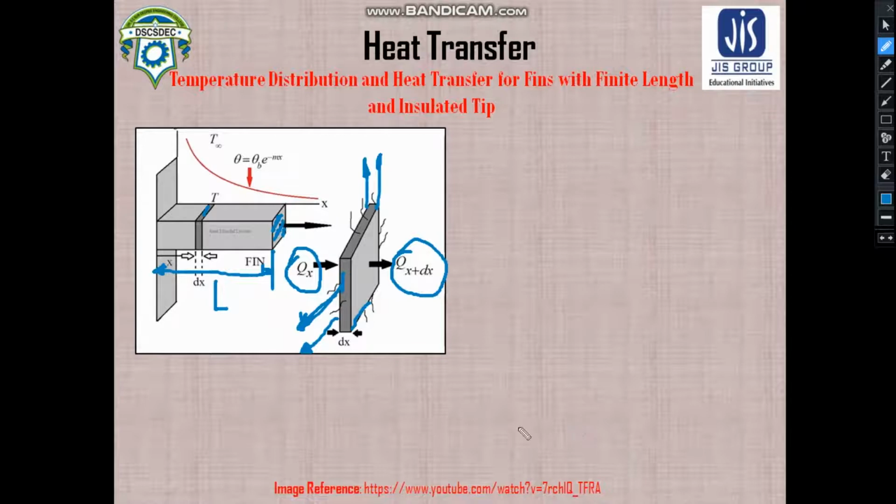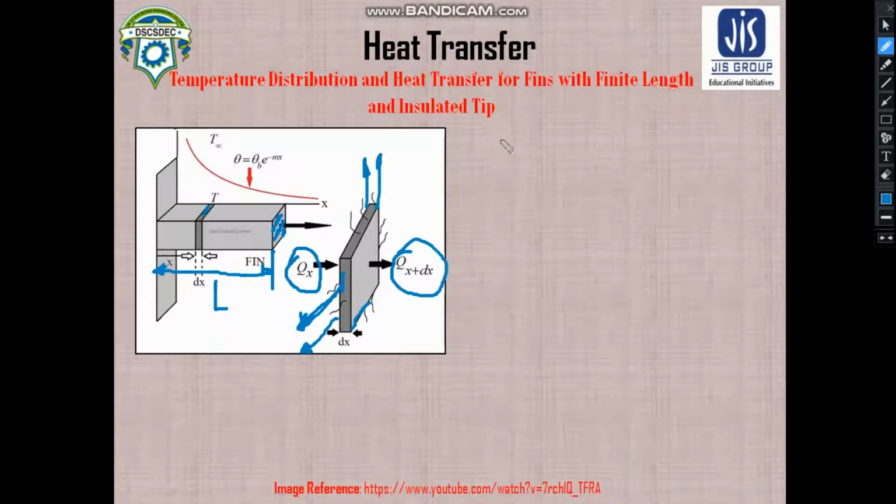So we know the initial boundary condition that we already mentioned in the previous lecture: the first boundary condition will remain the same for any case of fin. Only the second boundary condition will go on changing depending on the nature of the fin, or the length of the fin, or the heat transfer at the tip.